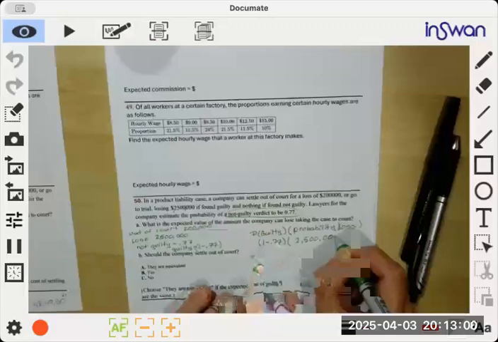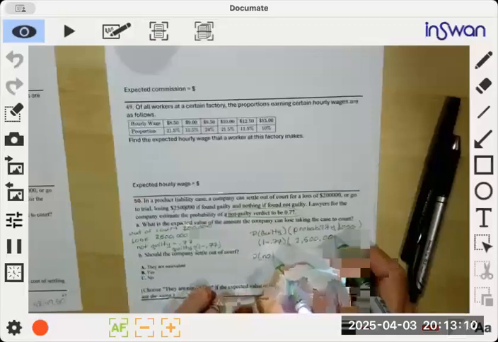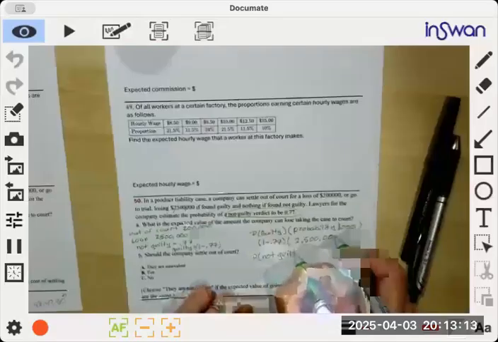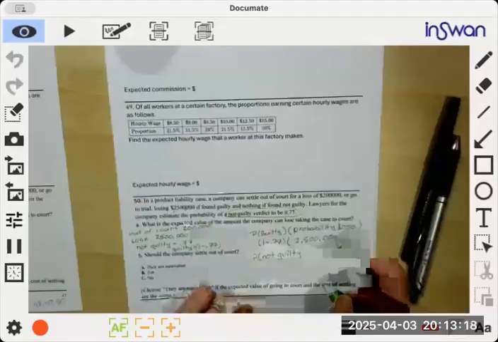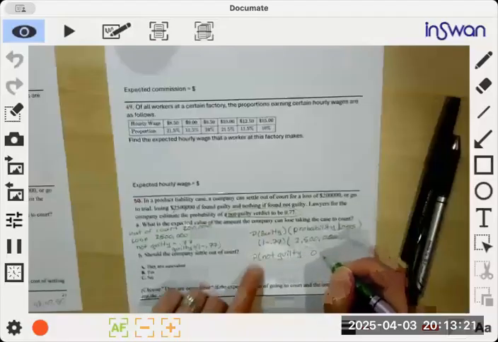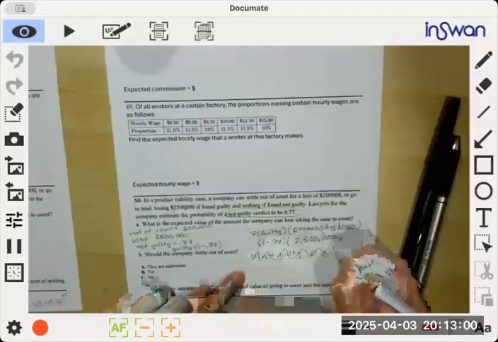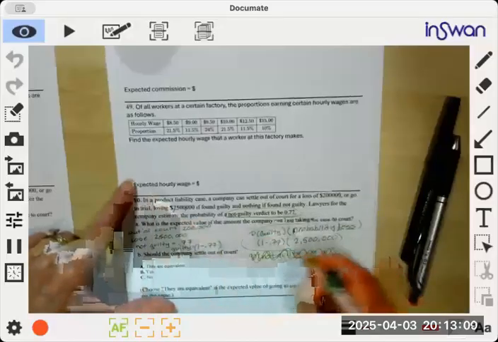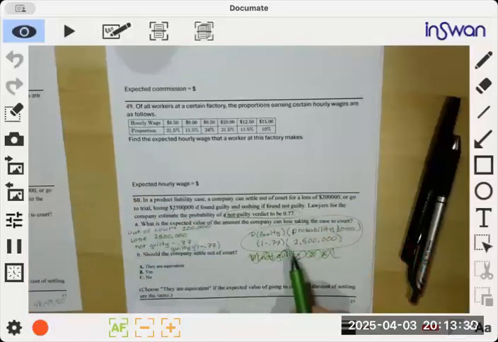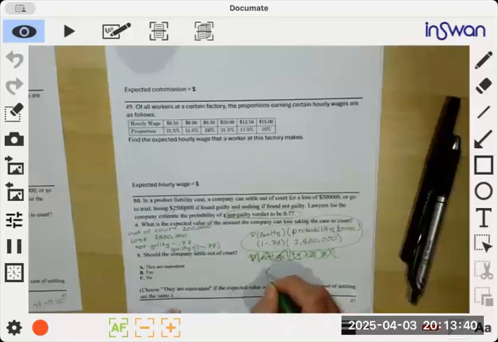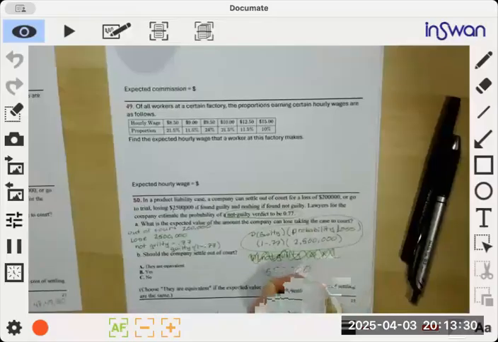If we did the not guilty, well, the not guilty would just be 0, times, we don't need to do that. I'm confusing you all again, I'm sorry. Just do that. So we just plug this into the calculator and we'll get $575,000.